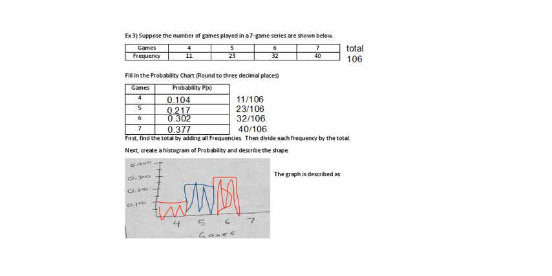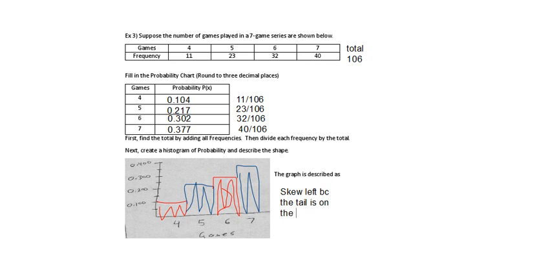And finally, 0.377, that's between 0.350 and 0.400, so I'll draw a line like this. And if I had to describe this, I would say this is skewed to the left because the tail is on the left side.